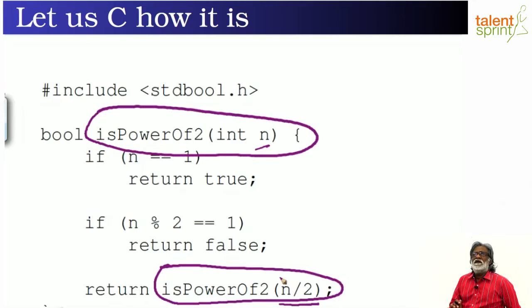So that's how we should be able to read this code and understand it. Because there is normally a structure to recursive code, it will often have some special cases which are terminating the computation, and it will be followed by a recursive case. In the recursive case, it will be a smaller problem. In the case of numbers, it is obvious what the smaller problem is. The smaller problem is n by 2.